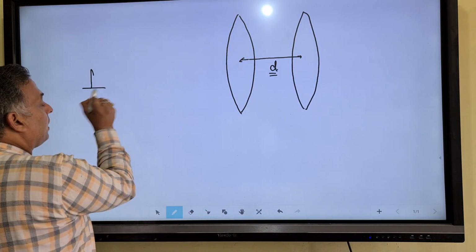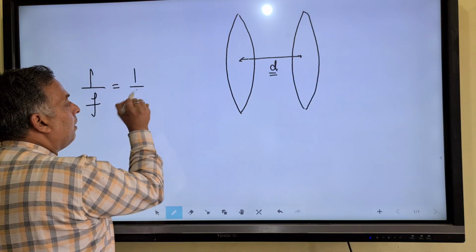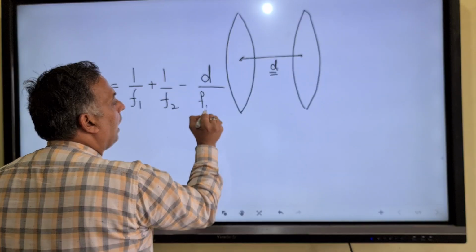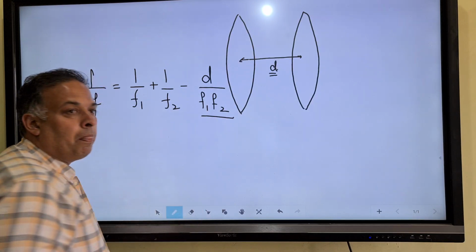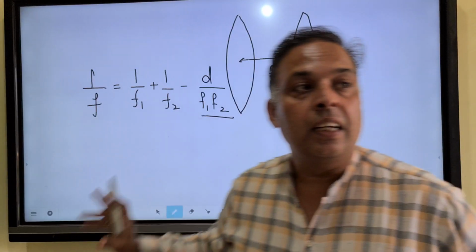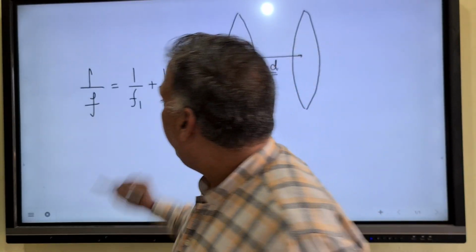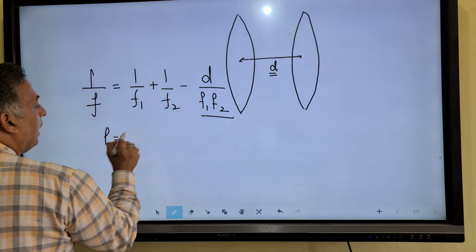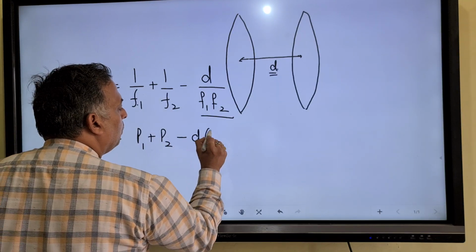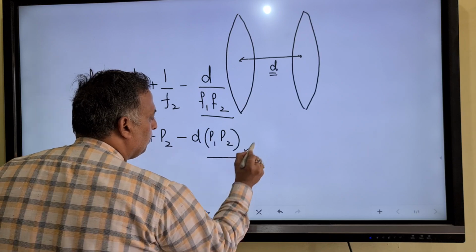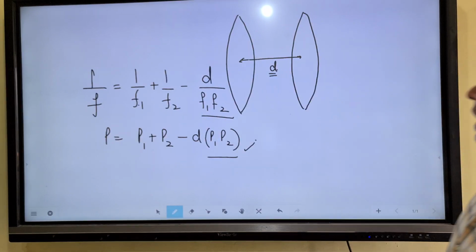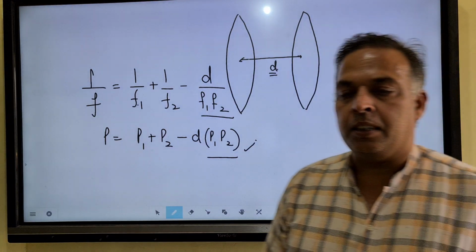In this case, 1 by f becomes 1 by f1 plus 1 by f2 minus d upon f1 into f2. So now the power formula comes to be different. It becomes P equals P1 plus P2 minus d into P1 P2. So this will be the formula. In this way we solve the power of the lenses.